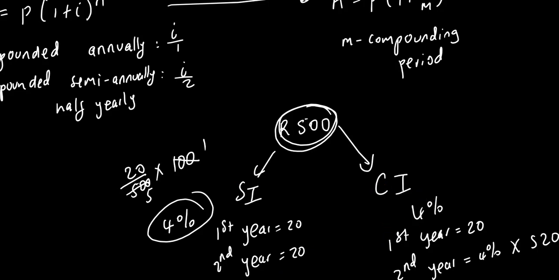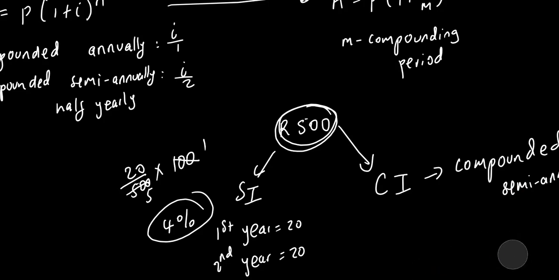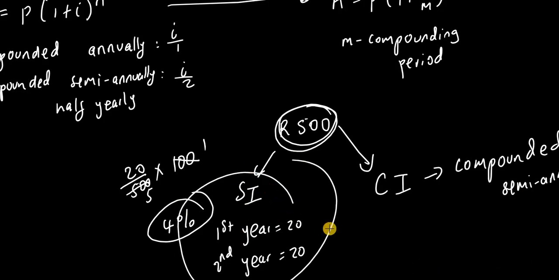For example, if it is compound interest, compounded semi-annually, what is going to be happening there? And how is it going to differ from simple interest?